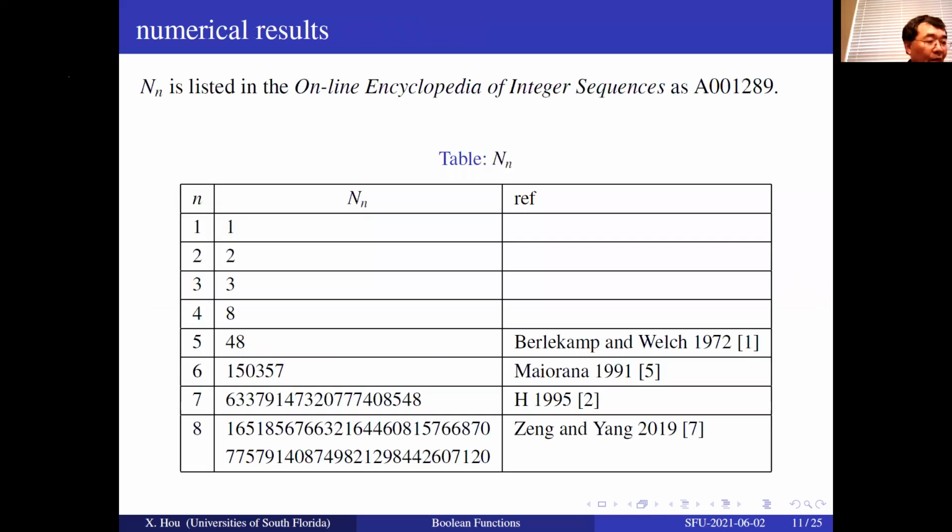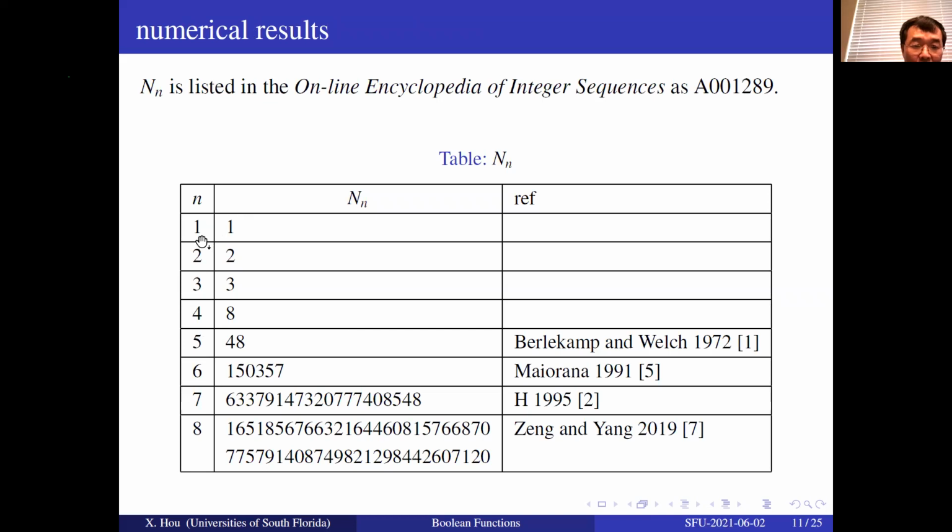So here are some numerical results. First, let me mention that this capital N sub n is listed in the Online Encyclopedia of Integer Sequences as A001289. People computed this number over many years.